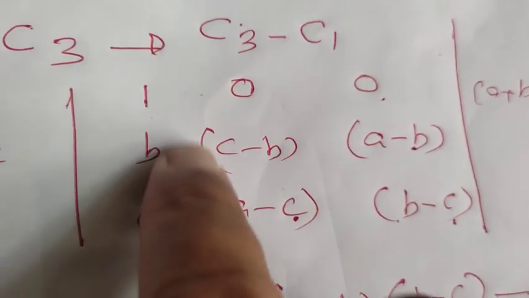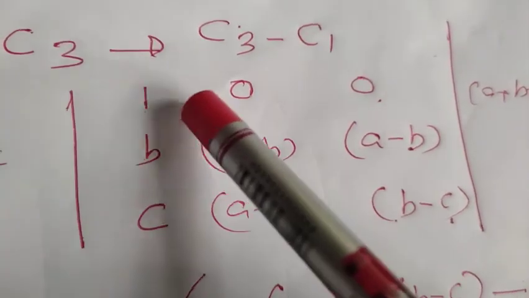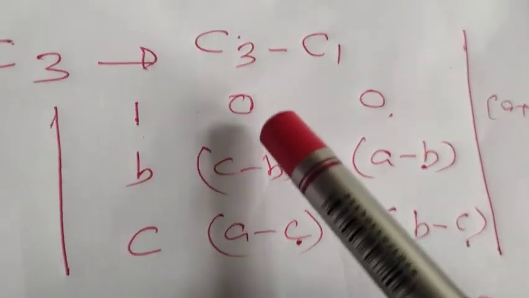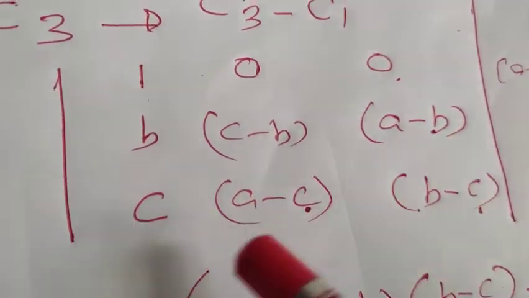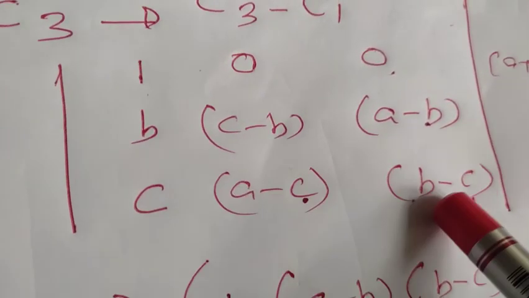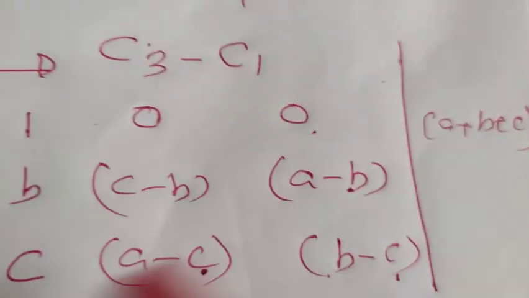Here it is 1, b, c, here it is 0, here it is 0, c minus b, a minus c, a minus b, b minus c.